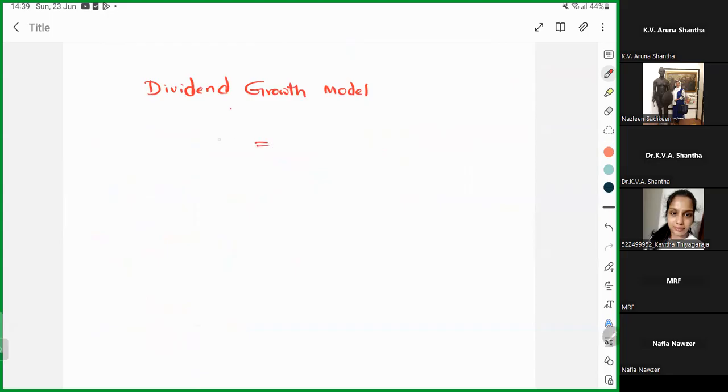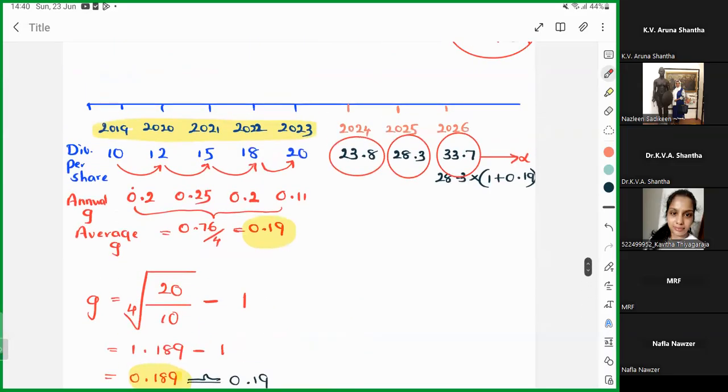So it says price now equals, and price now means the intrinsic value per share now, equals D1, next year's dividend, divided by the investors' required rate of return minus the growth rate. So if the dividend pattern is like this, what is your assumption?